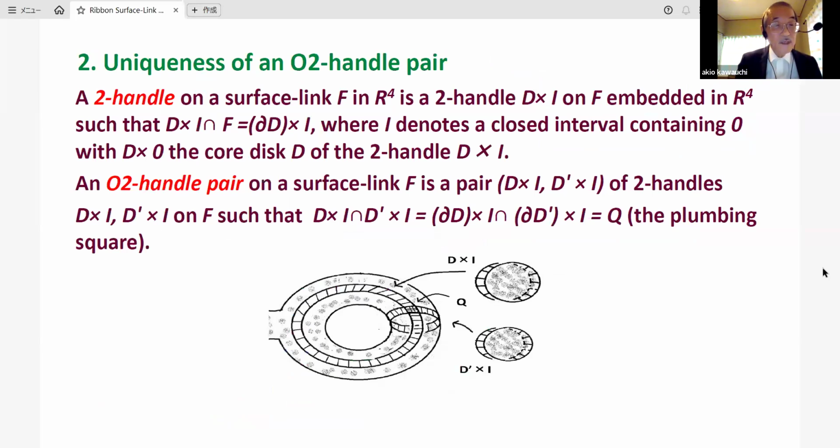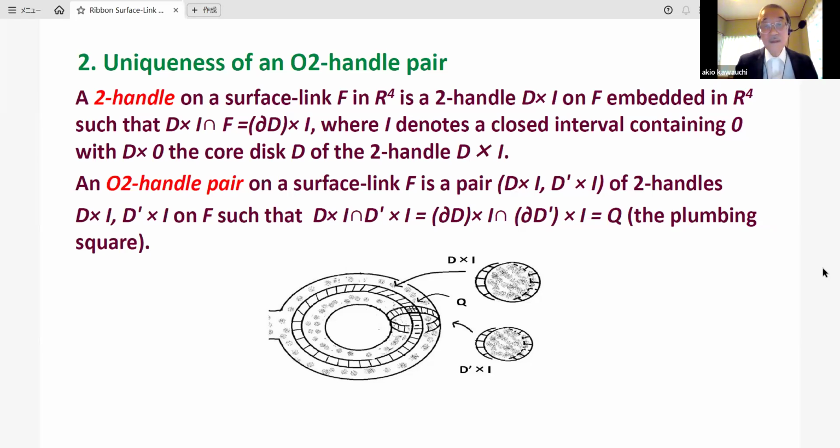Next, a 2-handle on a surface link F in R^4 is a 2-handle D×I on F embedded in R^4, so that the intersection of D×I and F is the attaching annulus ∂D×I.